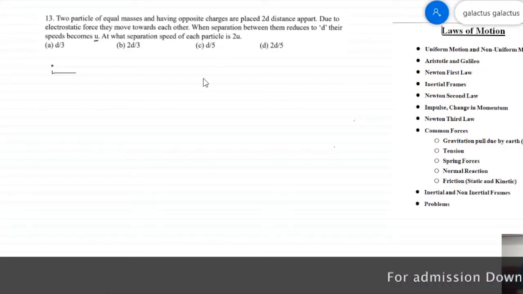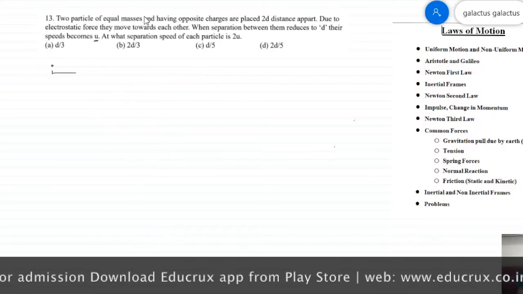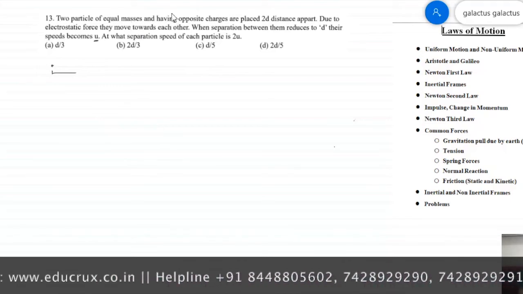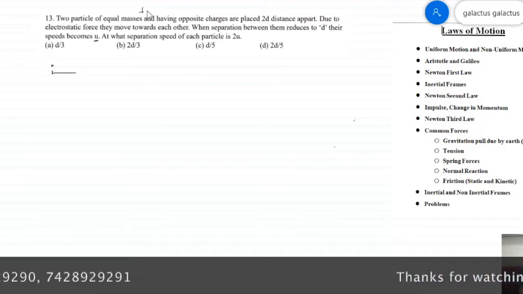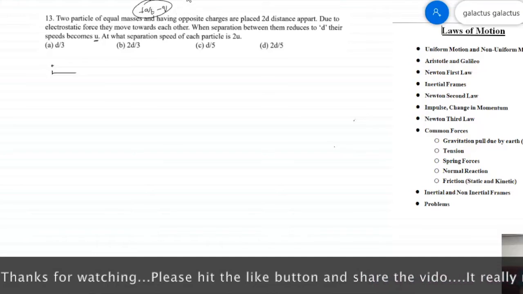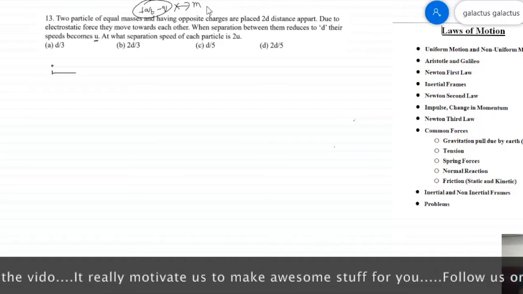So now we will try to solve this question number 13. In this question we are given that we have two charges of equal mass but opposite polarity. So let us say I have plus q and minus q charge, and the mass of both these charges is equal to m.